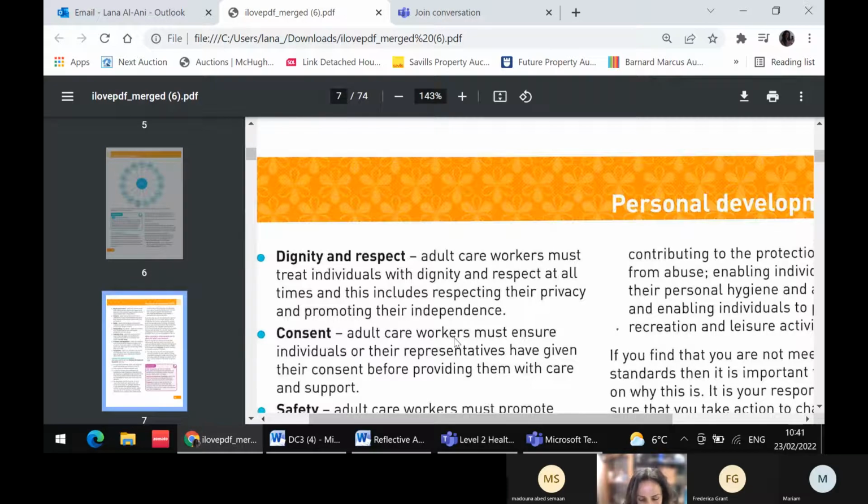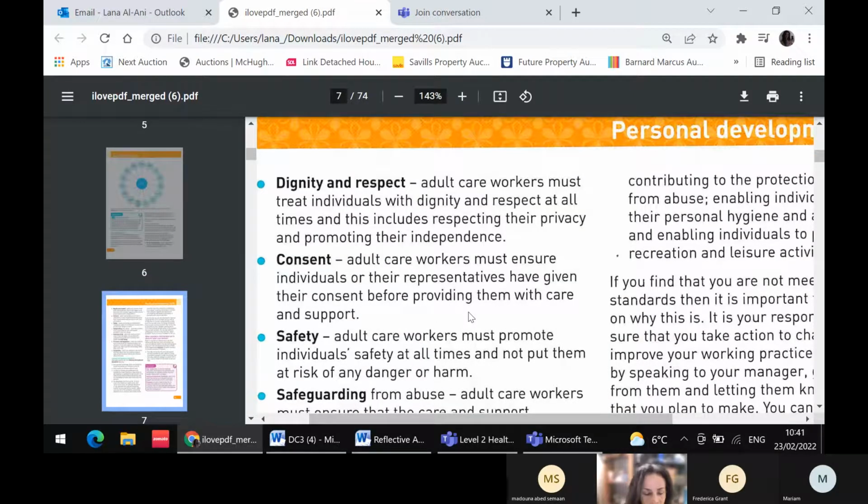So you respect their dignity, and also consent. We talked about consent because you need consent from the person to provide certain types of care for them. So you make sure you always have consent from people.